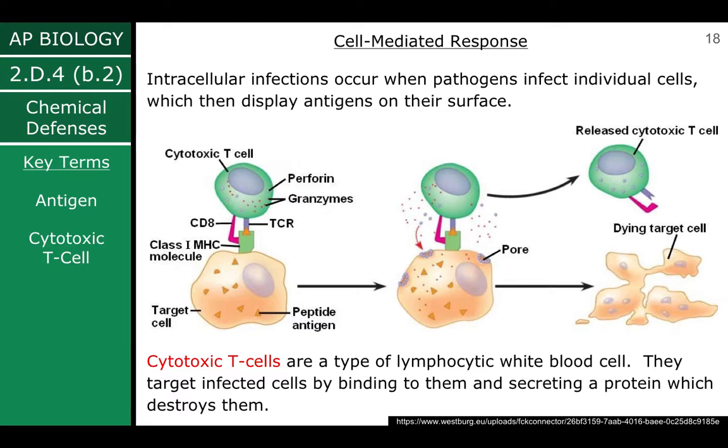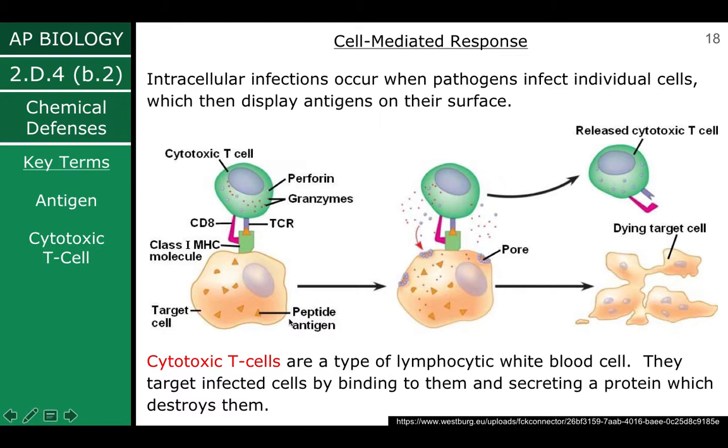So this is an example of our cell-mediated response. Intracellular infections occur when the pathogens infect individual cells, which then display antigens on their surface. Cytotoxic T cells are a type of lymphocytic white blood cell. They target infected cells by binding to them and secreting a protein which destroys them.